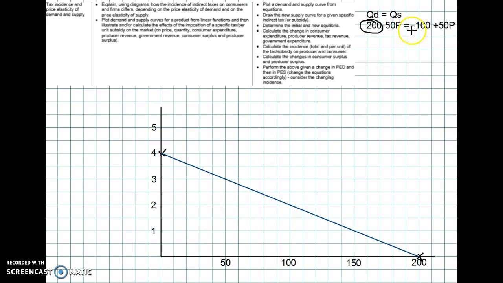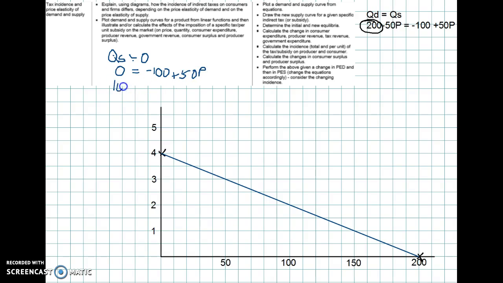It's minus 100, so that's no good to us, so we need to work out the p-intercept. So we're going to set quantity supplied to 0. So 0 equals minus 100 plus 50p.